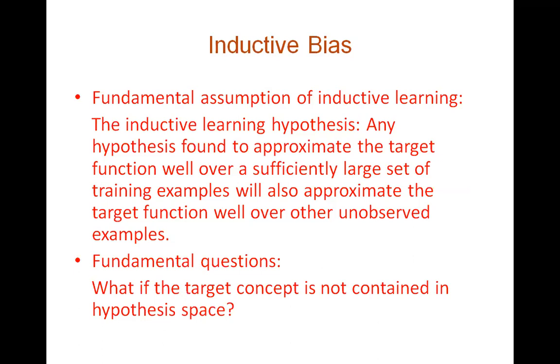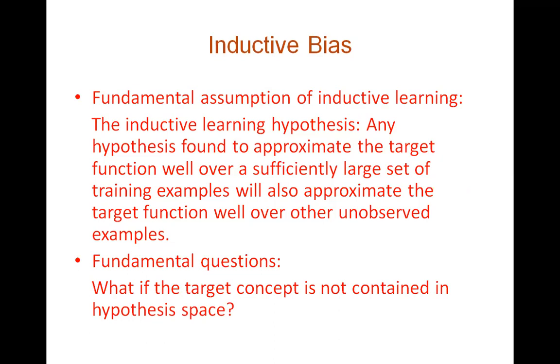See, these concept learning, they follow inductive bias. So what is inductive bias? Inductive learning hypothesis means any hypothesis found to approximate the target function well over a sufficiently large set of training example will also approximate the target function well over the other unobserved examples.